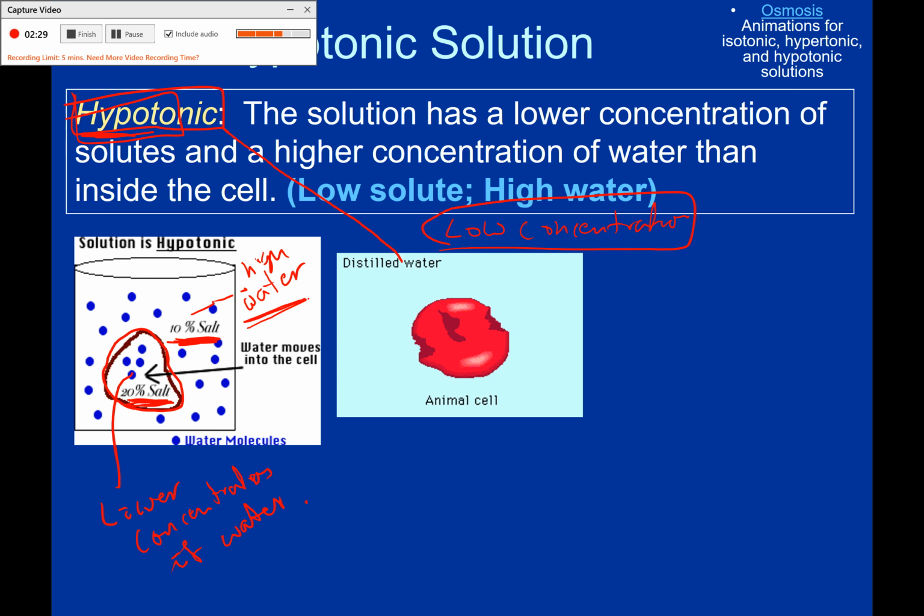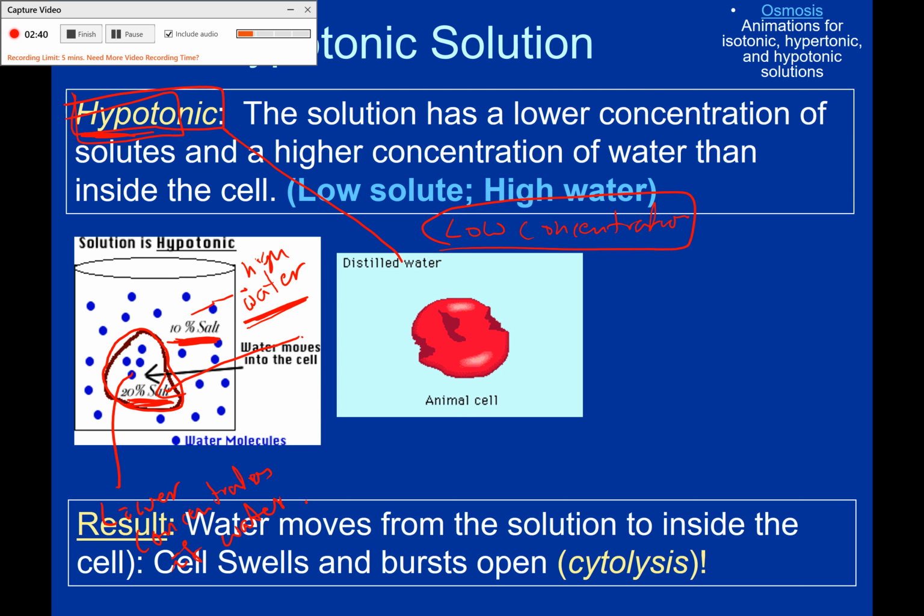Because water is high over here, it's going to move inside of the cell. Okay, and then this is what's going to happen. So what happens is the water moves from the outside to the inside, and it actually grows and expands.